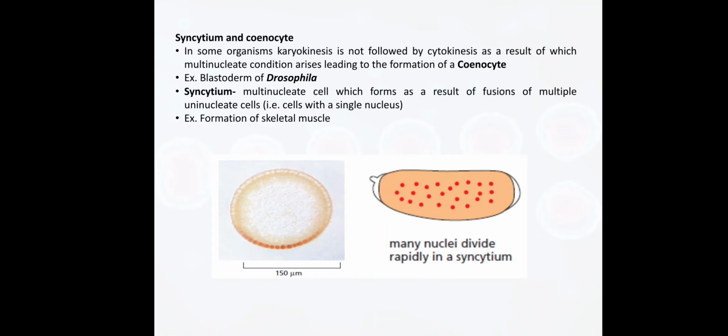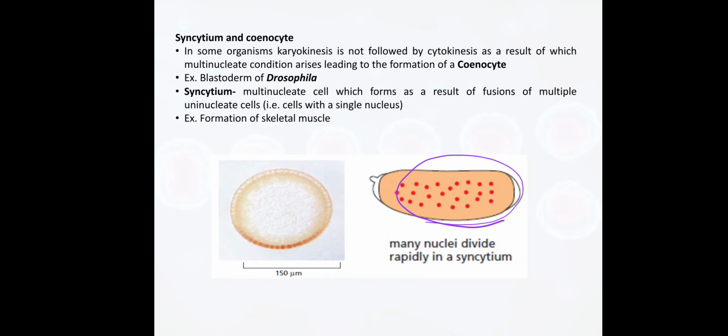Here nuclear division is completely done, but cytokinesis is missing. Therefore it results in a multinucleate cell, where in a single cell many nuclei are present. This is known as cenocyte. Example for this is the blastoderm of Drosophila.